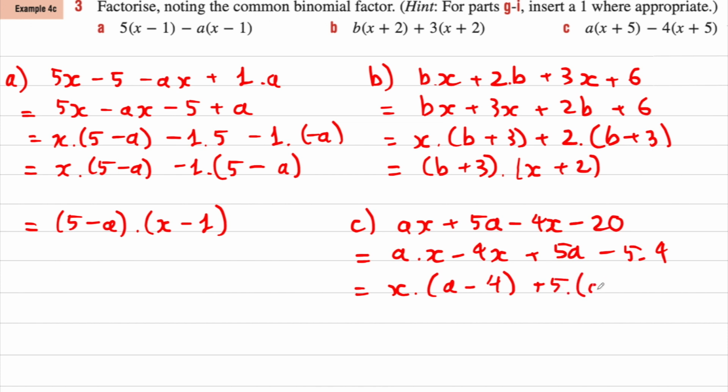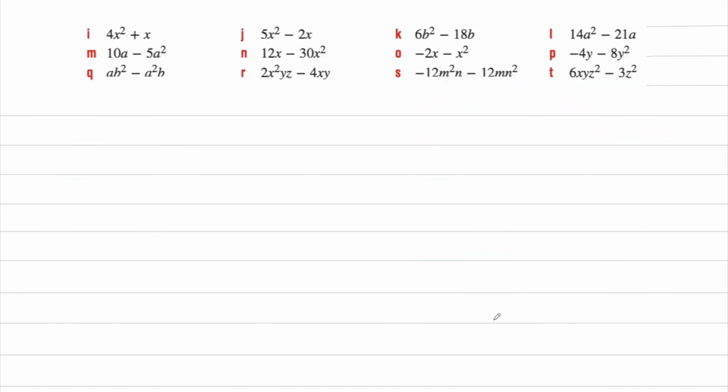The new common factor is a minus 4. A minus 4, and the second one will be a plus 5. We finished the first 3 questions for this kind of exercise. The next one is a little bit longer, but that is not too difficult.